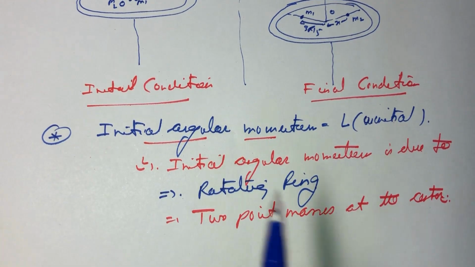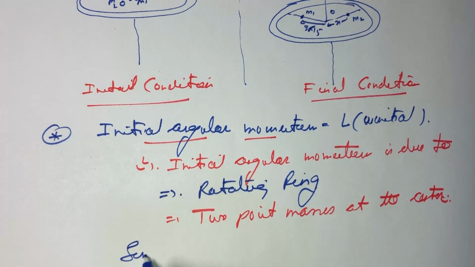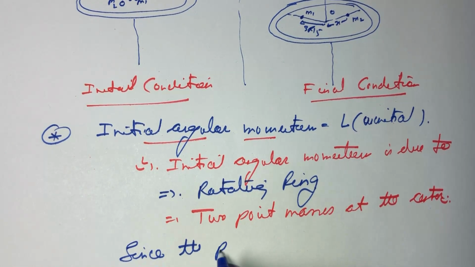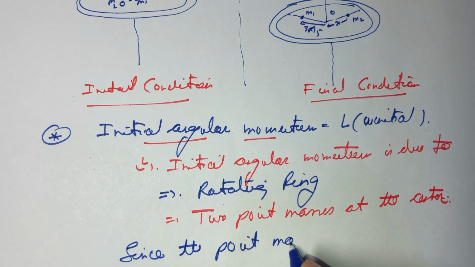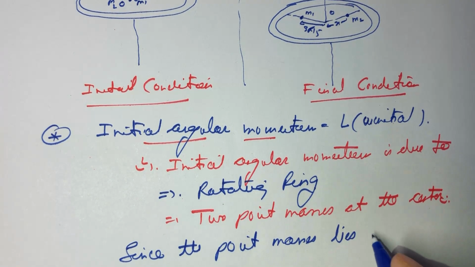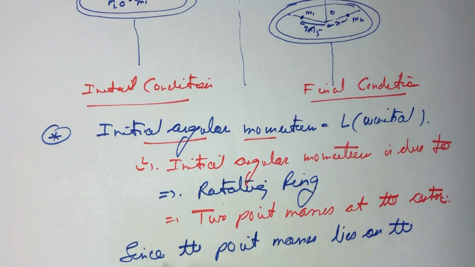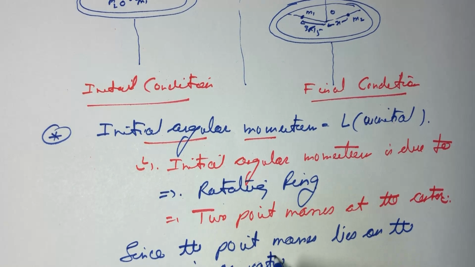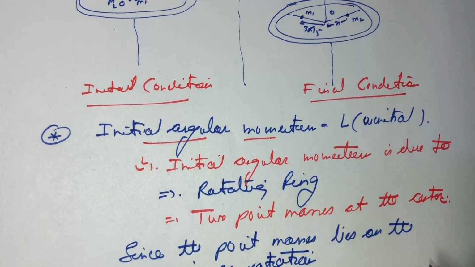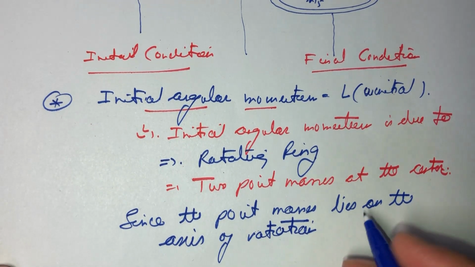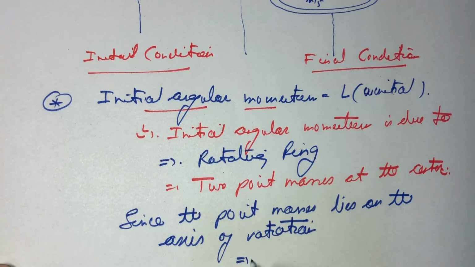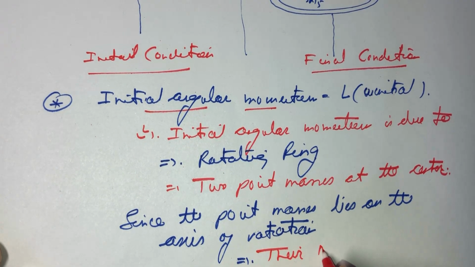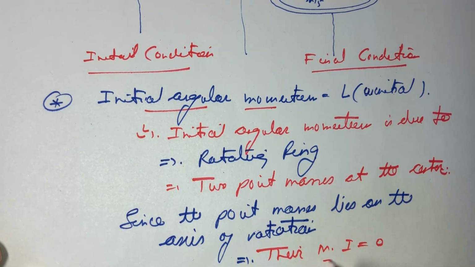So therefore we can say that since the point masses lie on the axis of rotation, their moment of inertia will be equal to 0.